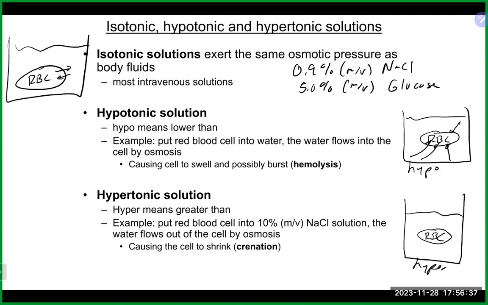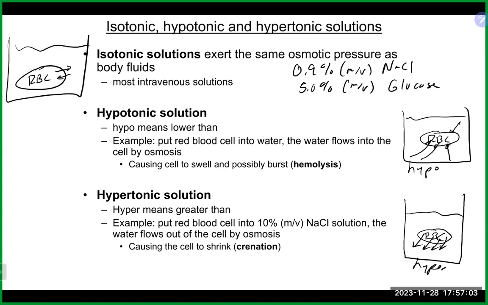And in this case, that means that outside of the cell, it's actually more concentrated than inside the cell. And what's going to happen is the cell is going to go, oh no, outside is more concentrated. We need to basically release all of our fluids out of the cell, and it's just going to flow out of the cell through osmosis. And again, in an effort to sort of dilute out the solution that's outside of the cell.